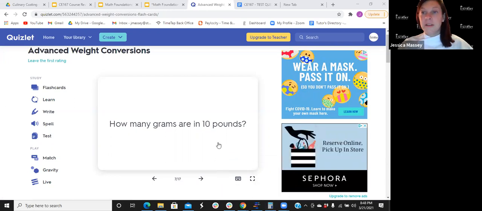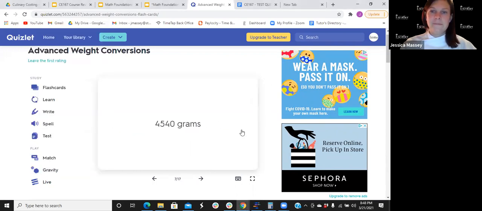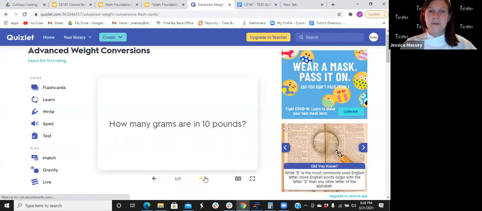You would know there's 454 grams in 1 pound. So you got your 454 and you'd multiply that by 10 because we have 10 of them. And we get 4,540. Hope that's what everyone got.